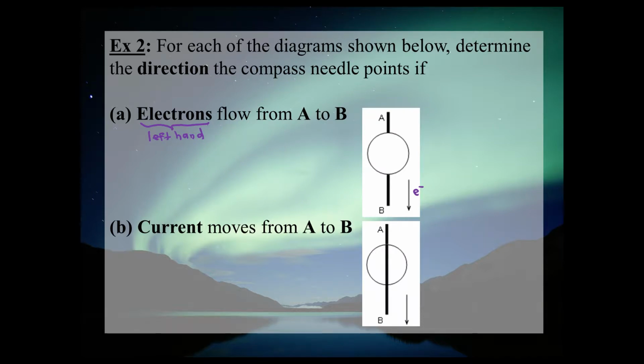So what you want to do here is you want to take your thumb, your thumb is going to represent the direction of the electron flow, and that's going to point downwards.